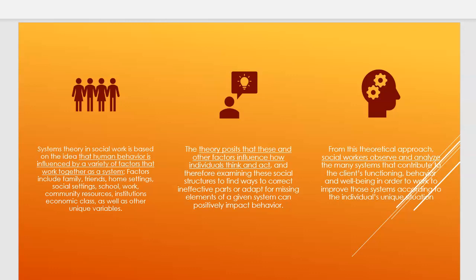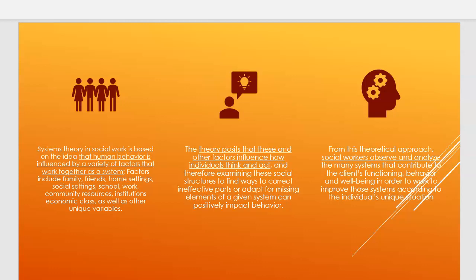So the idea is that the person and environment is embedded within a social context, and there are many factors that are having an influence on that individual. The theory posits that these and other factors influence how individuals think and act, and I would also add feel.